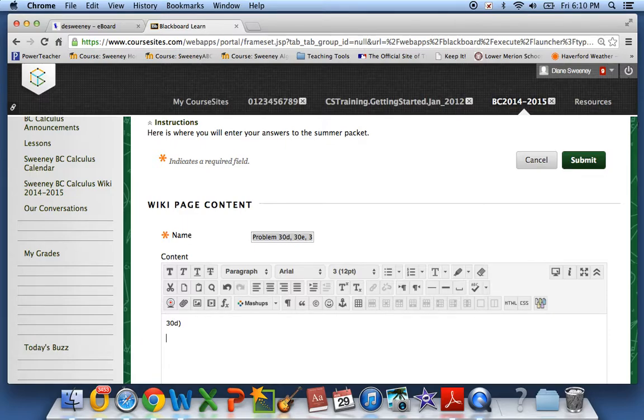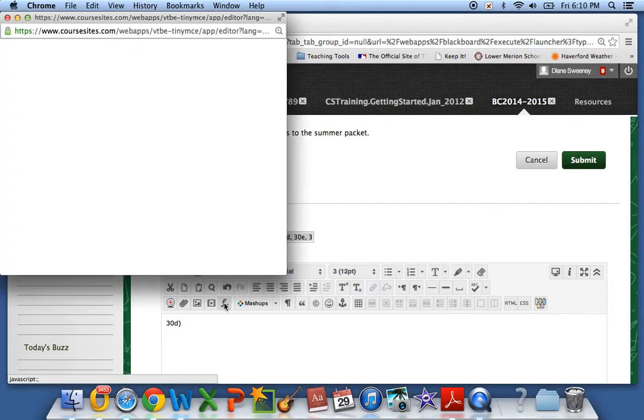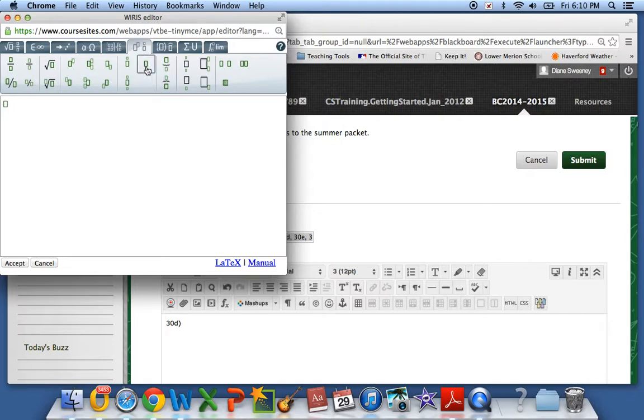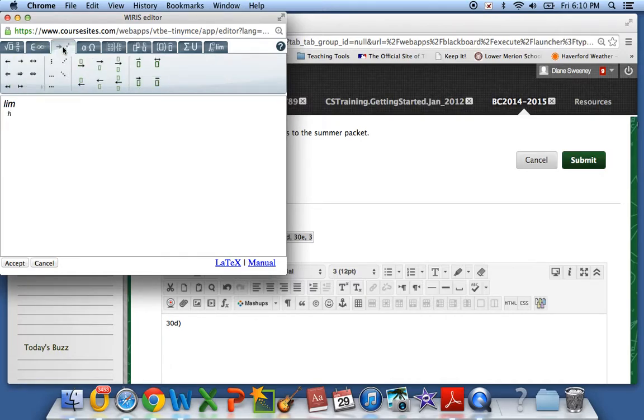Okay, and for 30D, we're looking for the derivative of cube root of x. So in order to type in these math symbols, we have this handy little f of x button. And I know I'm going to use a limit, so I'm going to click on this little box, and I'm going to write LIM, h approaching 0.